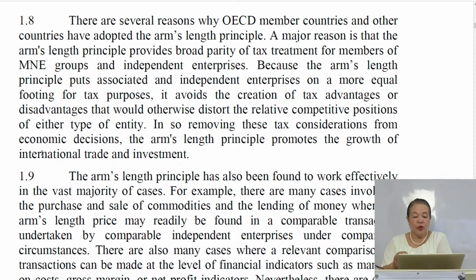Broad parity of tax treatment between enterprises and between the related parties. So the arm's length principle has also been found to work effectively in the vast majority of cases. Example, many cases involving the purchase and sale of commodities and the lending of money where an arm's length price may readily be found in a comparable transaction.